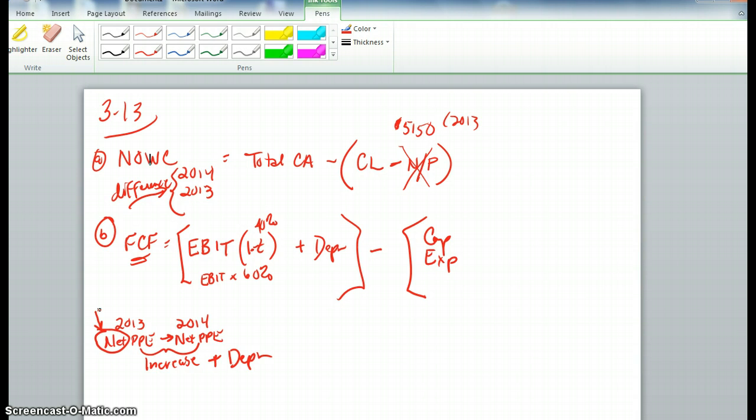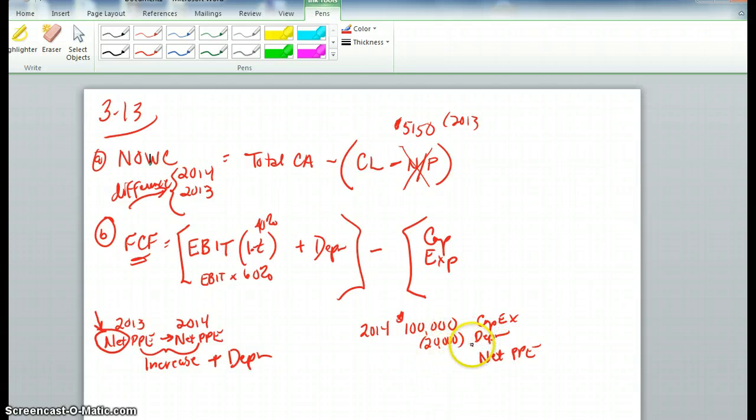To explain that, let's say that in 2014 I bought $100,000 worth of equipment. That's actually my capital expenditure, $100,000. But my balance sheet shows just net PP&E because I took out $20,000 in depreciation.